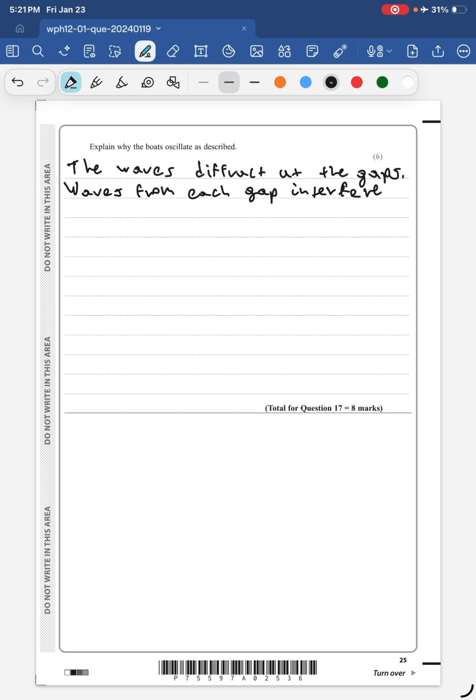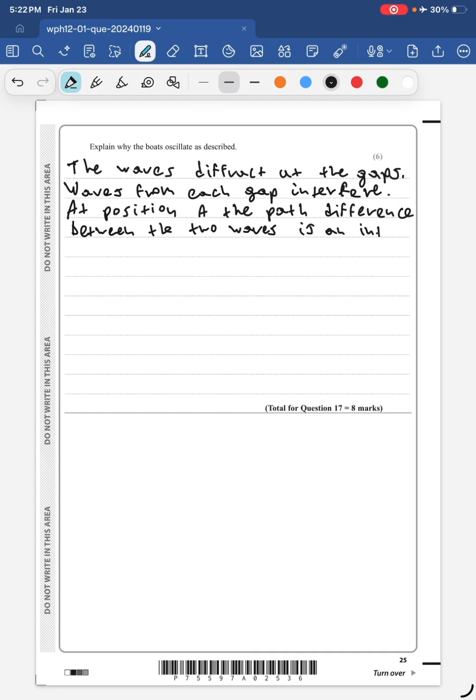Okay, at position A, the path difference between the two waves from the gaps is an integer multiple of lambda.